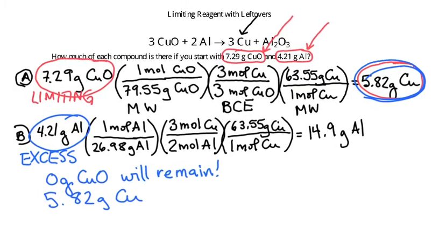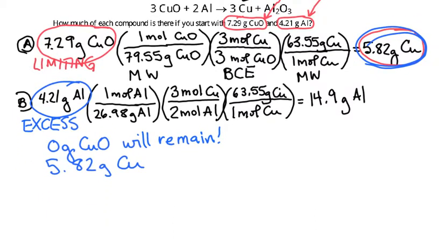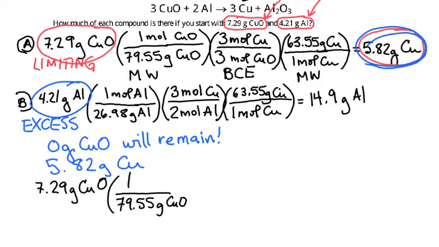And now we've got to deal with the other 2. So we're going to figure out how much aluminum oxide is formed. So from that 7.29 grams of the copper 2 oxide, our limiting reagent, we're going to calculate out how much aluminum oxide is formed. So 79.55 grams of copper 2 oxide in 1 mole, the molecular weight.